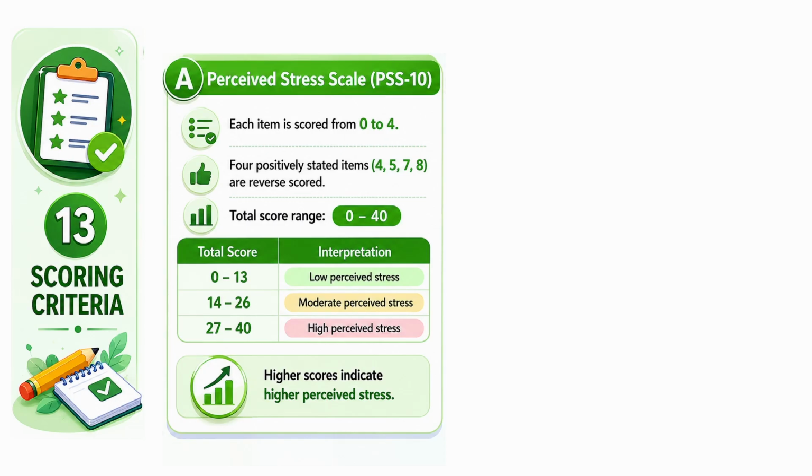Scoring criteria will be like this: a total score of 0 to 13 will be low stress, 14 to 26 will be moderate perceived stress, and 27 to 40 will be high perceived stress. While preparing the proposal, the researcher should have a clear idea on scoring criteria. High scores indicate higher perceived stress.